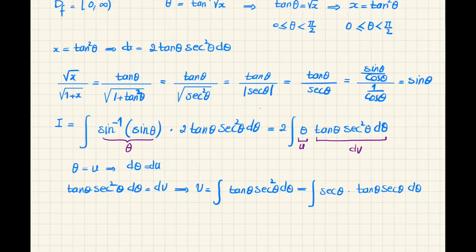The reason that I did this is because now I can name this one t, and you know that this becomes dt, because the derivative of secant of theta is secant of theta times tangent of theta. So if I put this equal to t, this part becomes dt, and this integral is simply 1 over 2 t squared. So it becomes 1 over 2 secant squared theta.